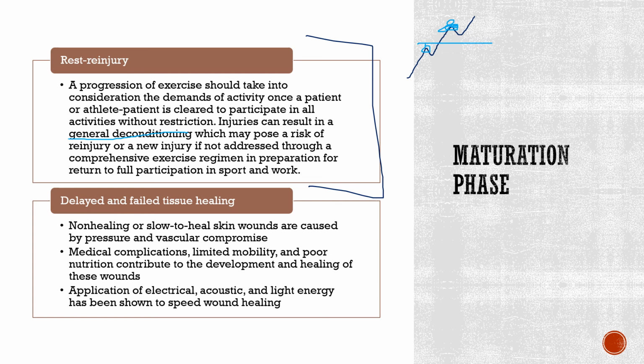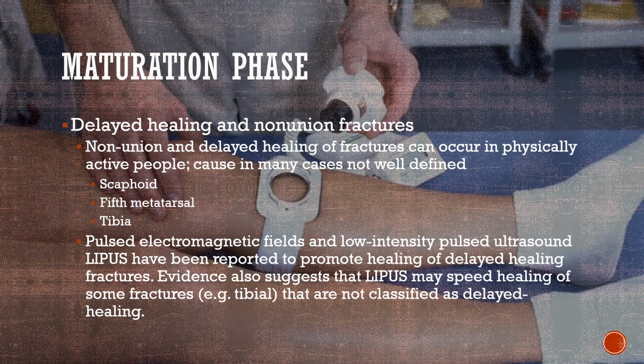And so we can use some different electrical, acoustical, or light energy to help improve our wound healing with that. And you can think of that as well in delayed non-union fractures, how we might be using, in this case, a bone stimulator, light, low intensity pulsed ultrasound. That's what a bone stimulator is.